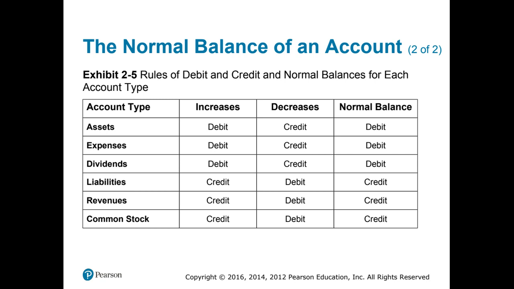So if you remember, all elephants do love rowdy children, that might help you with remembering their normal balances: assets, expenses, dividends, debit, and liabilities, revenue, common stock, credit. That might help you. And that's on page 62.